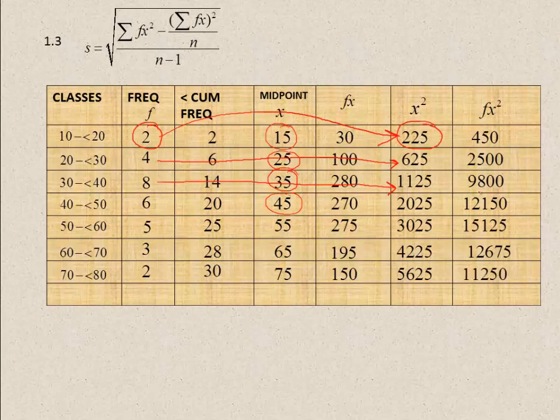And what happens when I add this up? I end up with the sum of fx squared, which is quite a big number. Watch this, guys. Remember, when I went down here, the portion that I did not write here is the sum of x times x. If my memory serves me correct, it was 1300. And now I've got this column. All I do now is I substitute into the formula. S is equal to the sum of, what's this?